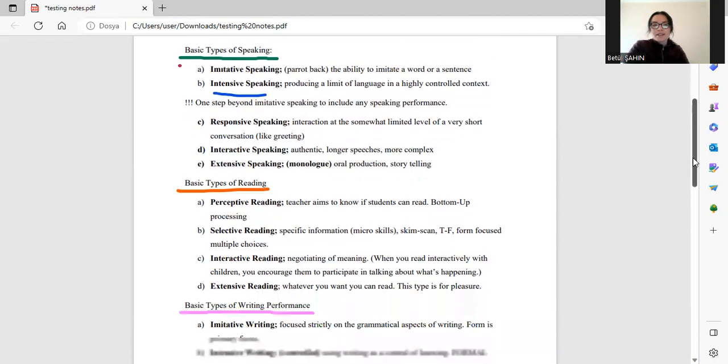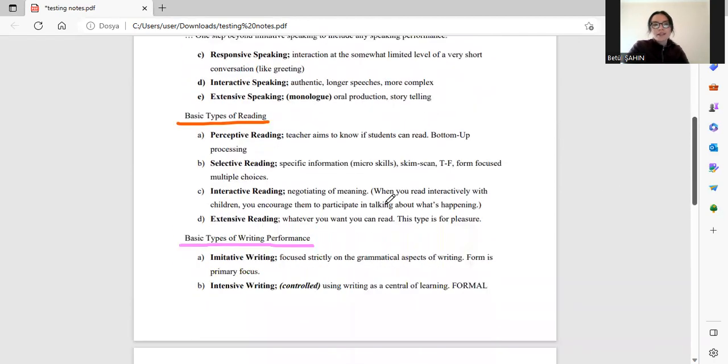Okay, now basic types of reading. Here we have 4 types: perceptive, selective, interactive, and extensive. Perceptive reading is when the teacher aims to know if students can read. We use bottom-up process here.